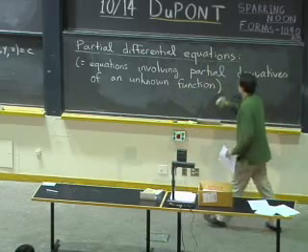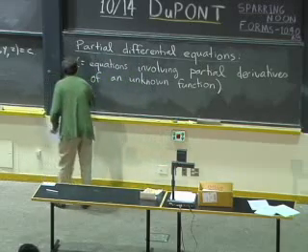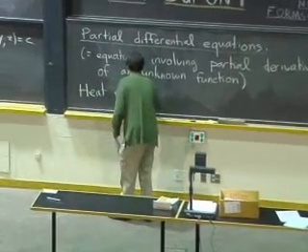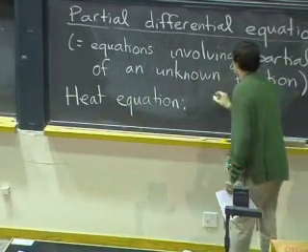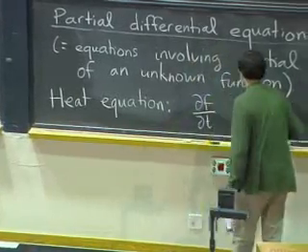So let me give you an example to see how that works. For example, the heat equation is one example of a partial differential equation. It's the equation, well, let me write for you the space version of it.